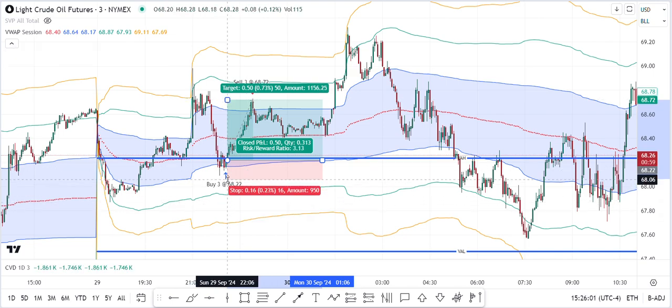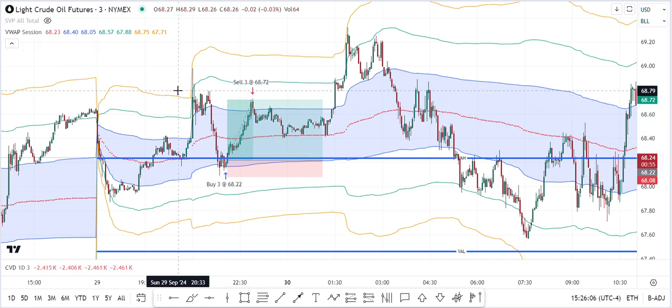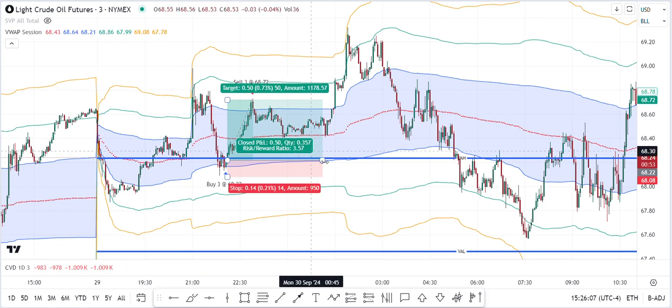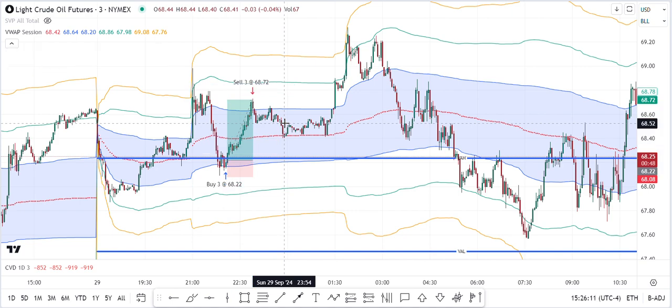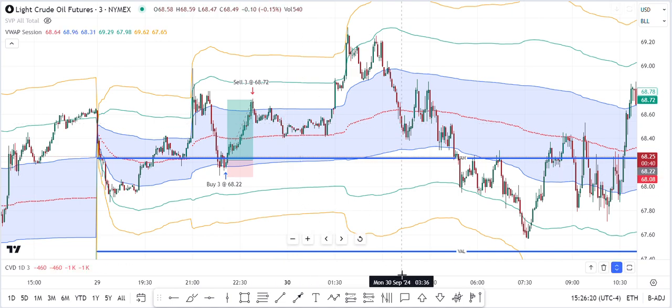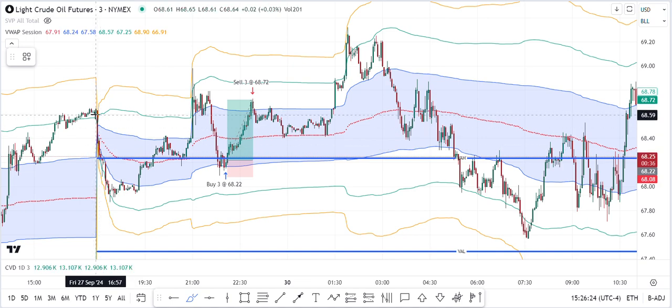My stop loss was below these lows, for 1 to 3.5. Not insane risk to reward, but just the smoothness of it and how everything worked the way I was expecting it to. That's why I looked at this trade and thought, this is probably the best trade I've taken so far on Crude.